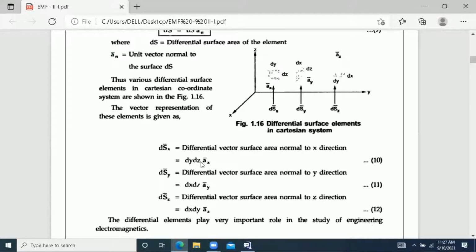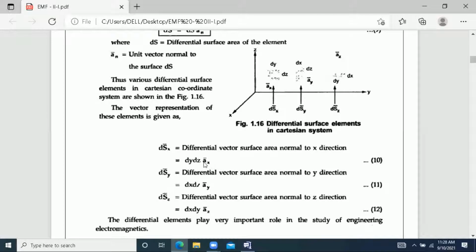So we are defining this surface in a specific direction. So it would be the surface times the unit in that direction.